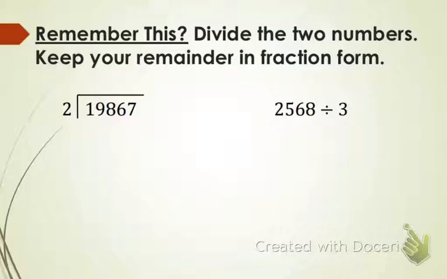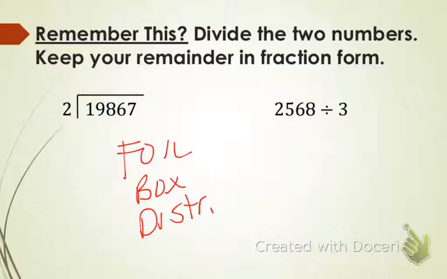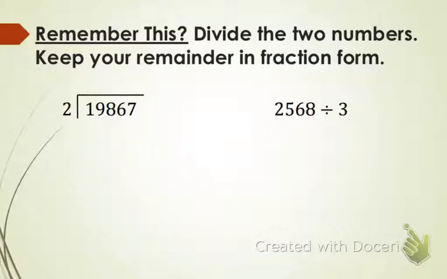We're going to start with the first digit, which is 1. 2 times what can give us 1? Well, 2 is too big of a number to go into 1. So we put a 0 here, and then you're multiplying.